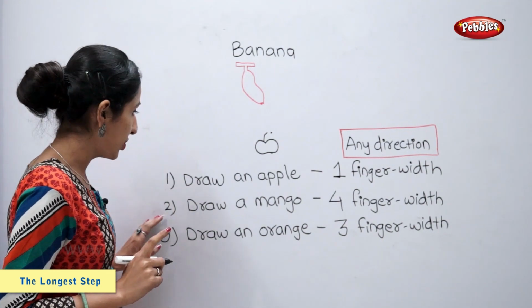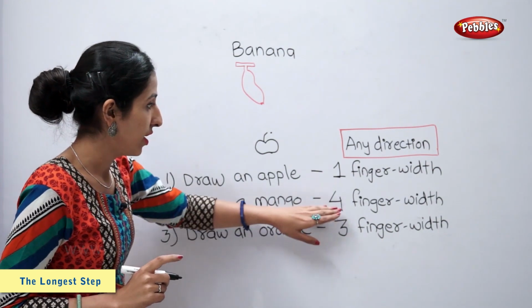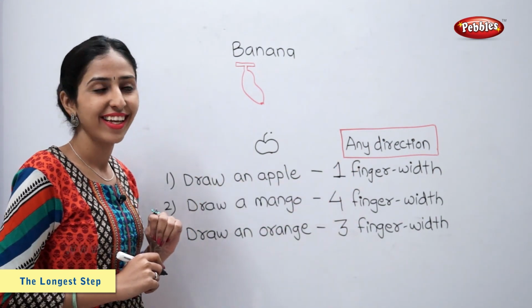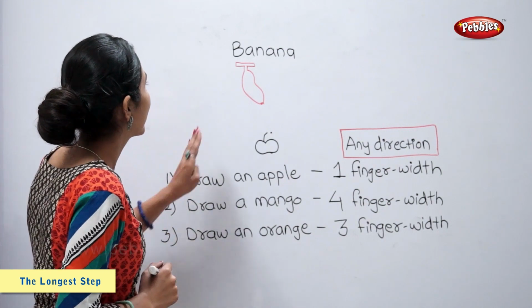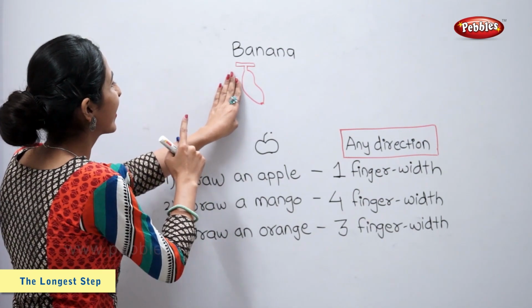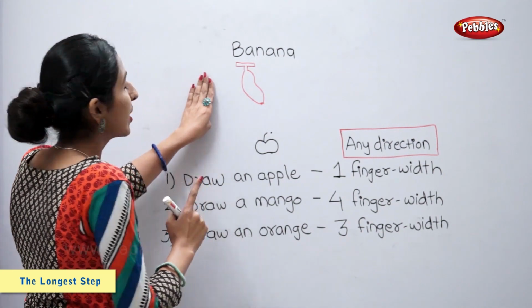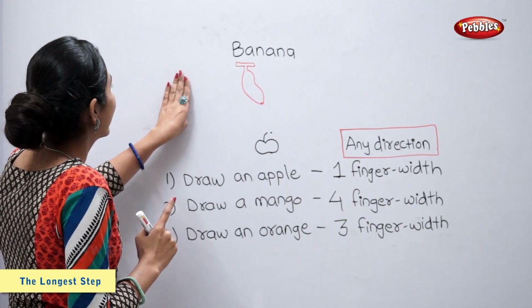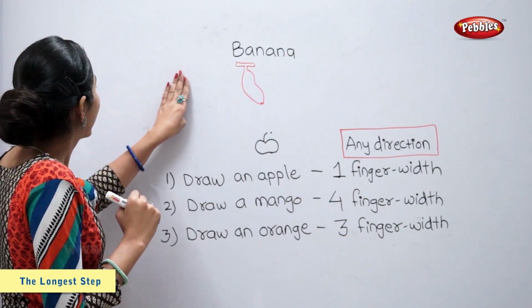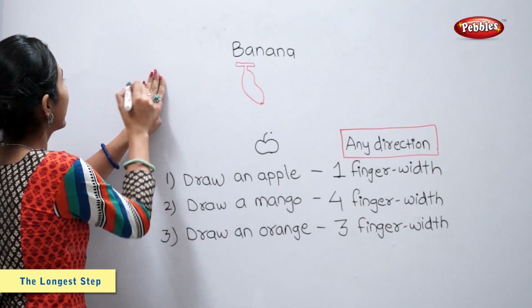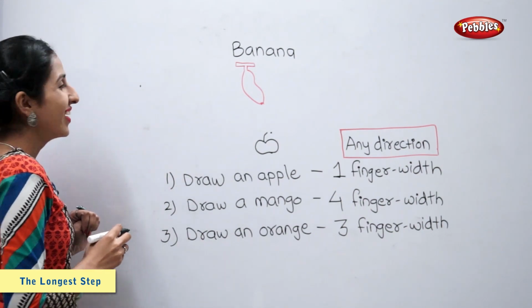Now let's draw a mango at a distance of 4-finger width. 1, 2, 3, 4.